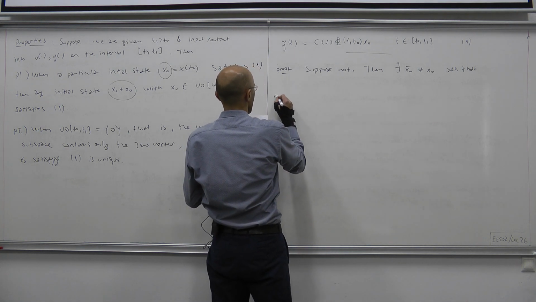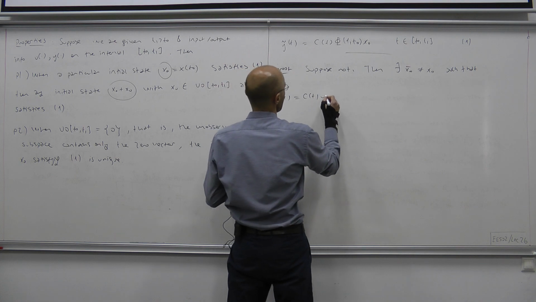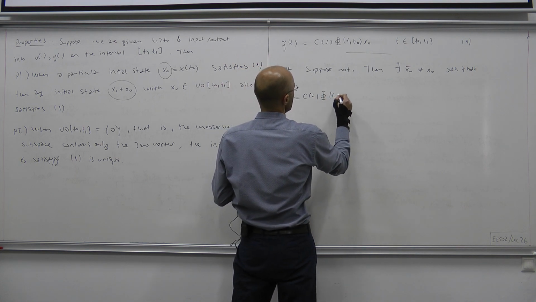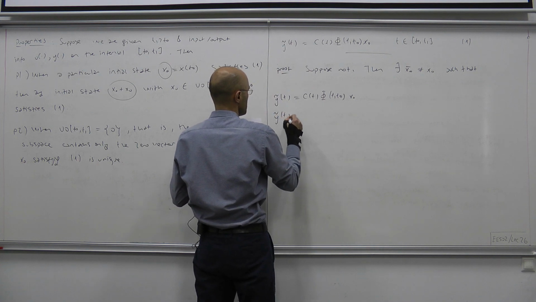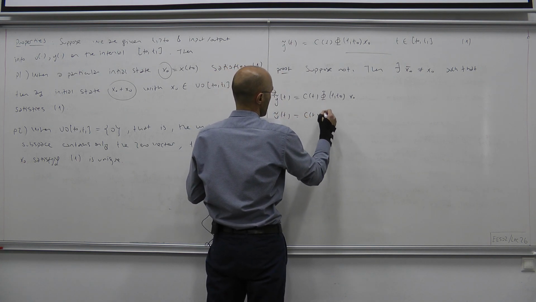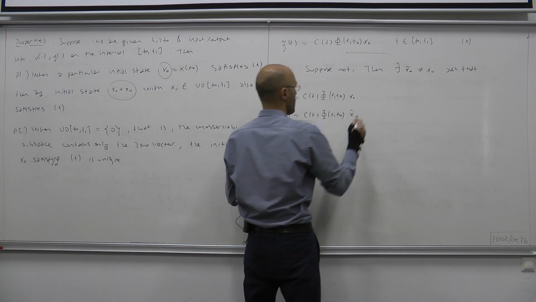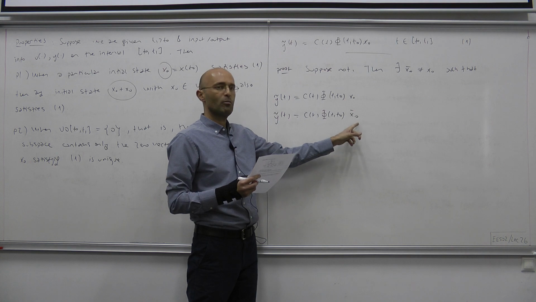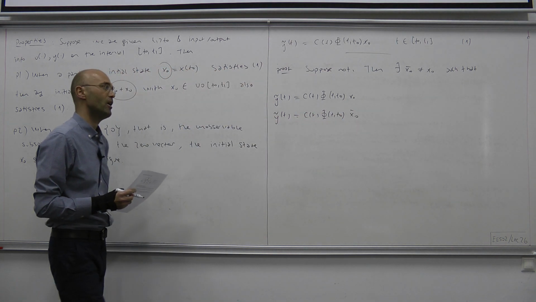Y tilde of t equals C of t Phi(t, t0) x0, and y tilde of t equals C of t Phi(t, t0) x0 bar. So x0 and x0 bar are different, but they produce the same measurement, the same output.